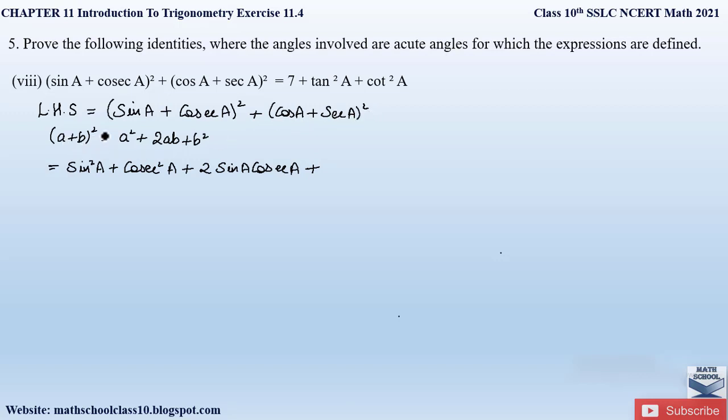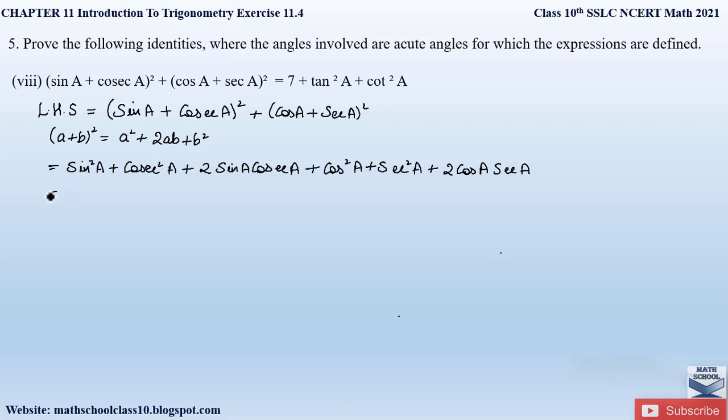Again we will apply the (A plus B) the whole square formula. So we will get cos square A plus secant square A plus 2AB, so 2 into A value, cos A, into B, which is secant A.